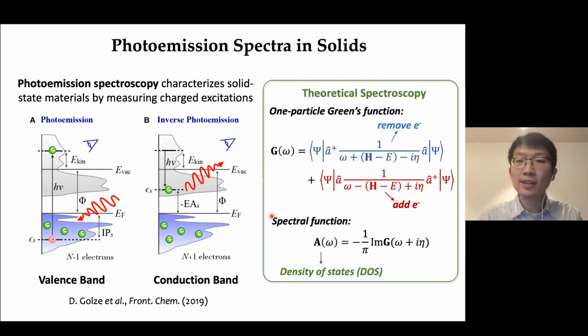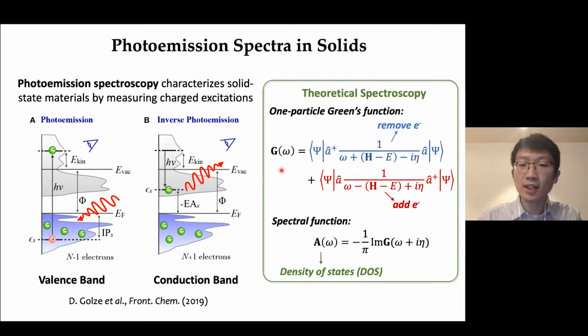And in theory, there is one physical quantity that corresponds exactly to these experimental processes, which is the one-particle Green's function, written in the frequency domain. The one-particle Green's function describes the probability of removing or adding electrons to your material sample.